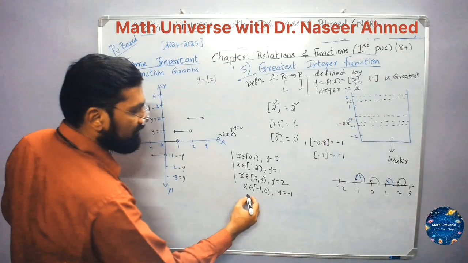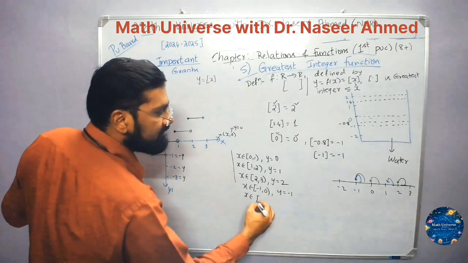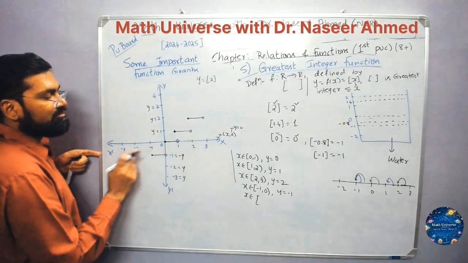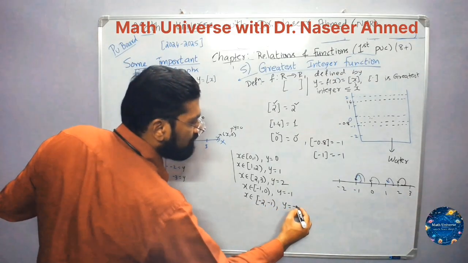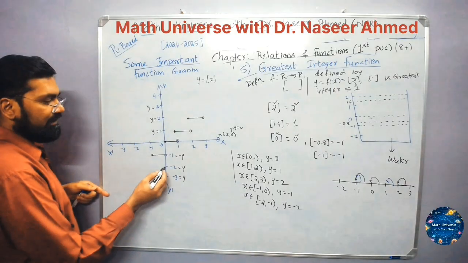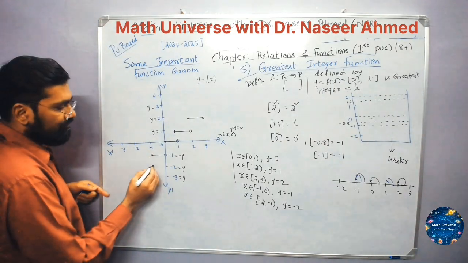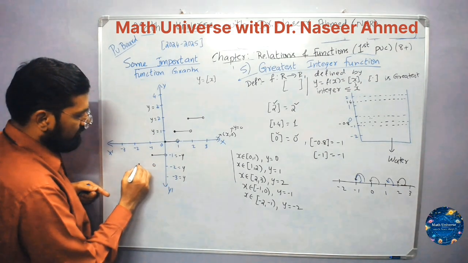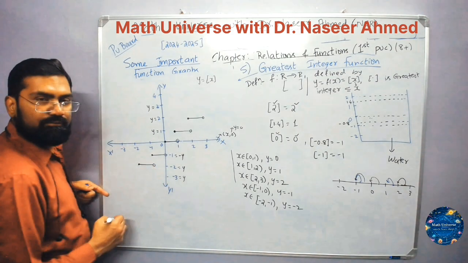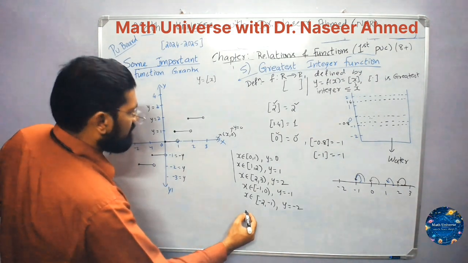Then x belongs to what? Next, minus 2 to minus 1. Closed interval minus 2, minus 1 open interval. So y is equal to minus 2, between minus 2 to minus 1. So here, again, close here and open. Join it. Lastly, okay, I think that's sufficient.